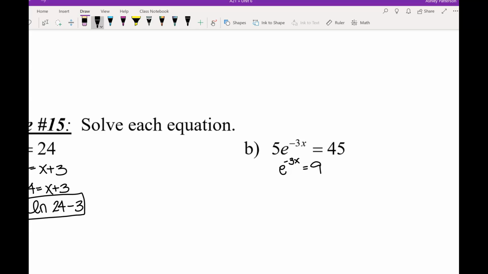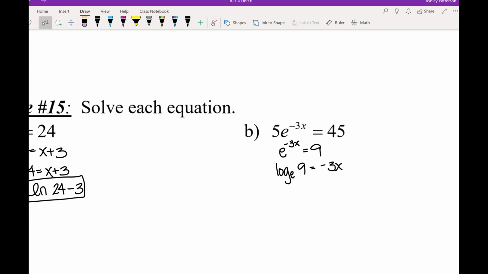Okay, rewriting in log form, we get the log base e of 9 equal to negative 3x. And again, to get us comfortable with the formatting, I'm going to change this to the natural log of 9 equal to negative 3x. Last step, divide by negative 3, so x is the natural log of 9 divided by negative 3. And that's our final answer.